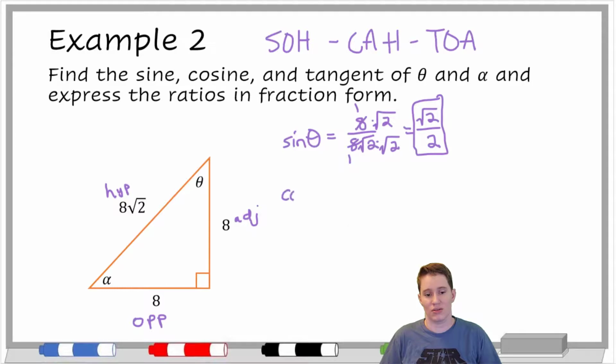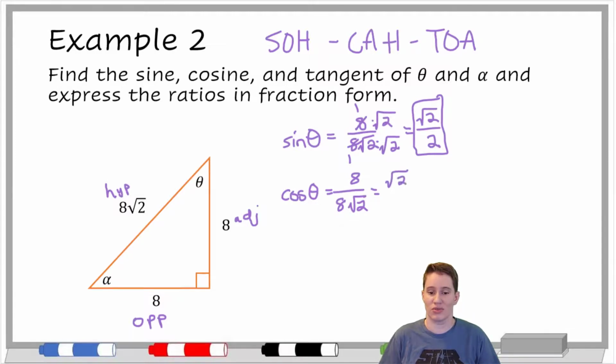Let's look at cosine of theta. So now we've got the adjacent side over the hypotenuse, which is 8 over 8 square roots of 2. Ooh, this is the same thing that we just did. So it's actually not necessarily conclusive for us to wonder about what happened on example 1 with sine and cosine for theta and alpha, because our sine and cosine here actually should end up being the same.